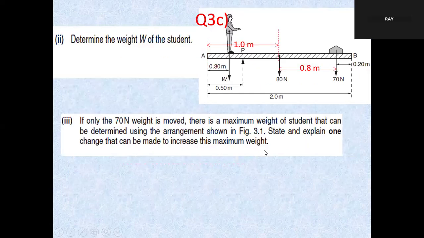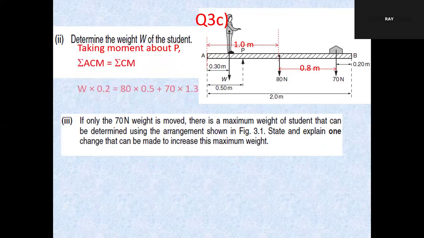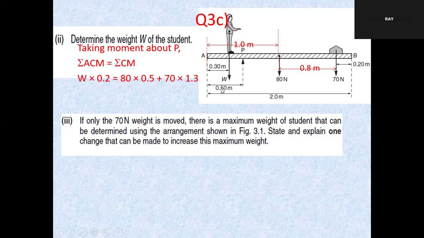Determine the weight of the student. There's a force acting at P, upwards there, so we don't know that. So we take moment about P. Then we don't have to worry about the force acting at the pivot. Then sum of clockwise moment equals sum of anti-clockwise moment. So anti-clockwise is W times 0.5 minus 0.3, 0.2.